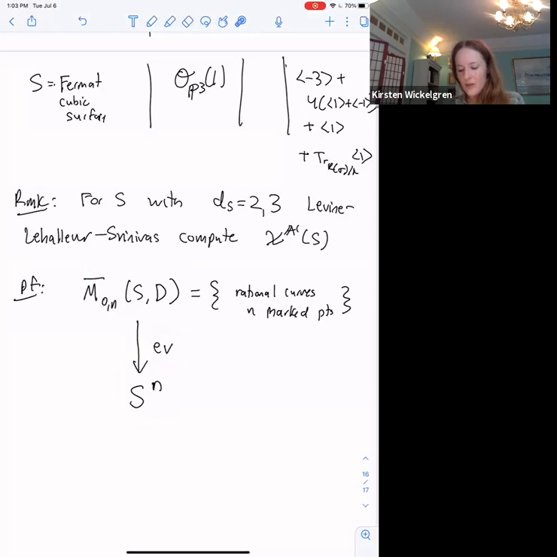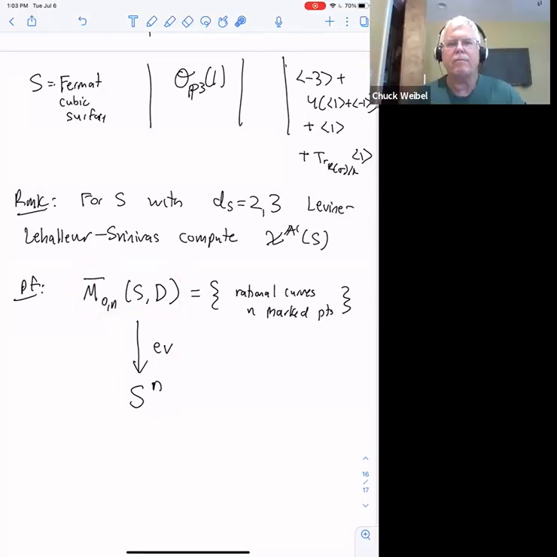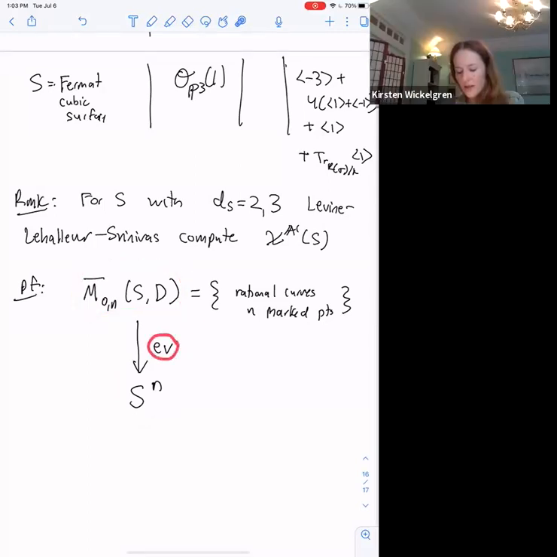And to do that involves understanding the ramification of this map, which has to do with how curves move around and acquire various singularities. Maybe I'll leave it at that.